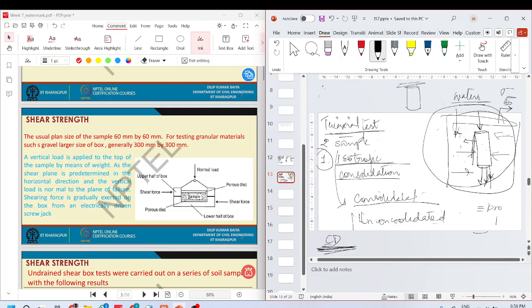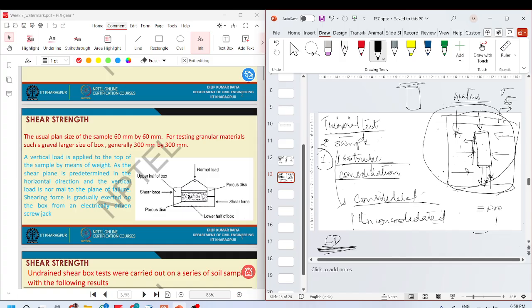We seldom do triaxial testing for sands. We may do it if we want to study some dynamic behavior or liquefaction behavior. But otherwise, if you only want the c-phi behavior, you can get it from the direct shear test, which is relatively quite easy. So mostly this is used for either silts or clays.